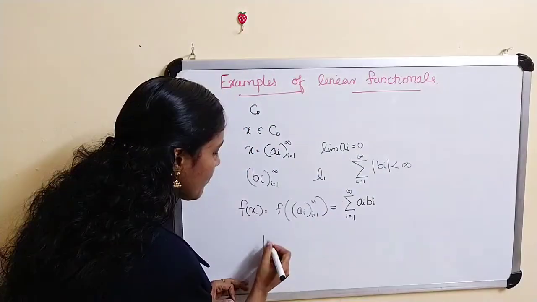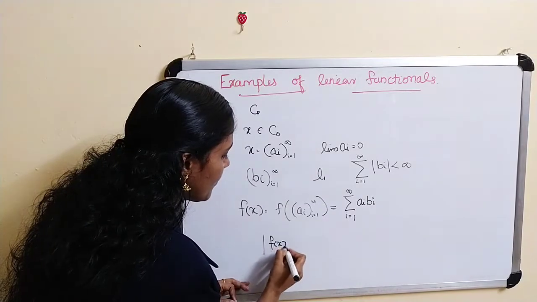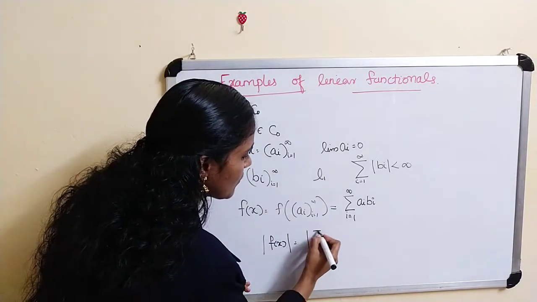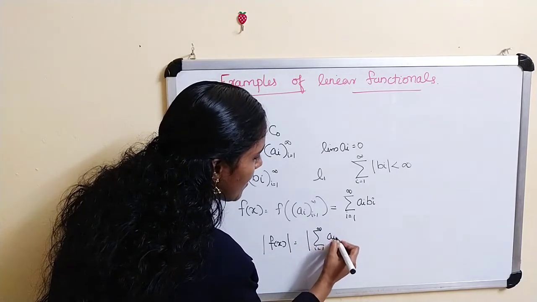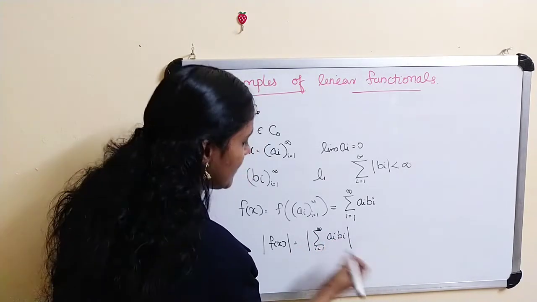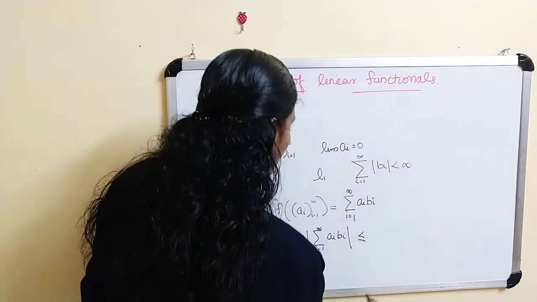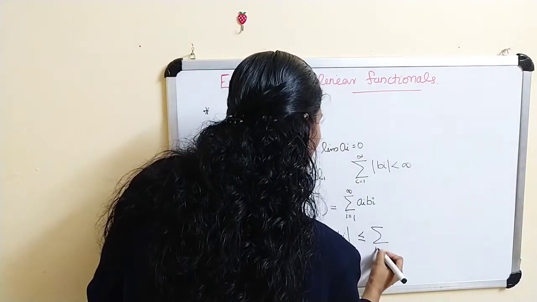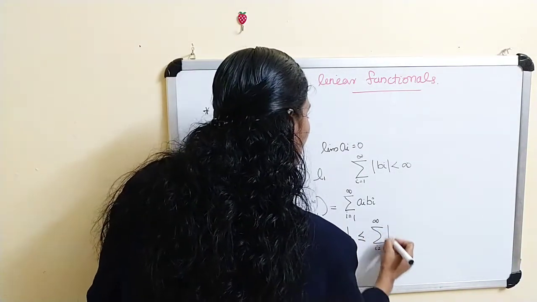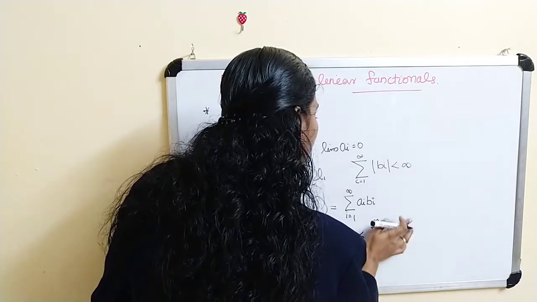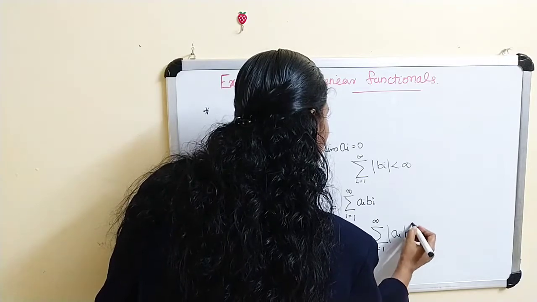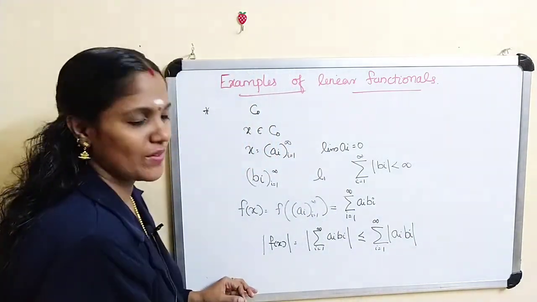Now what about mod f of x? Mod f of x is actually the modulus of sigma i equal to 1 to infinity a_i b_i, and this is less than or equal to sigma i equal to 1 to infinity mod a_i mod b_i.